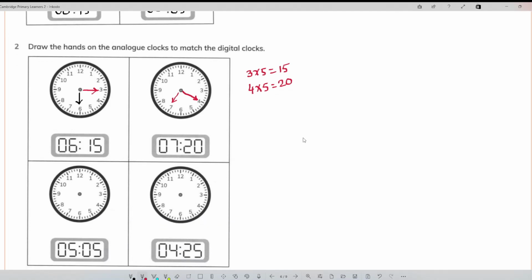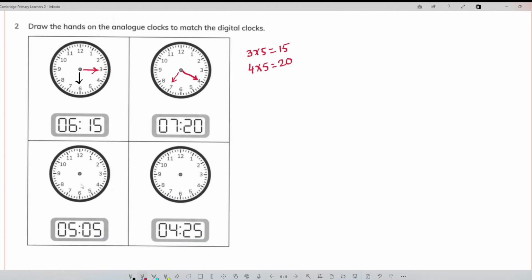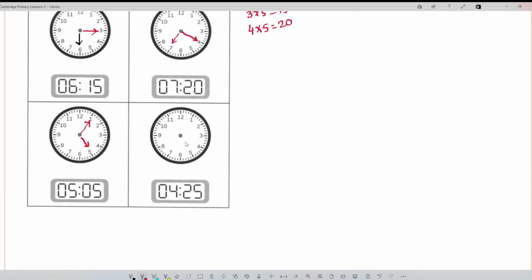Okay, next, 5, so 5 is the hour, and the minute also 5 means 1. Okay, next, 4:25. 4 is the hour, it needs to be a little bit smaller, and this is 25, not 15. 25 means 5 times 5 is 25, so this is here.